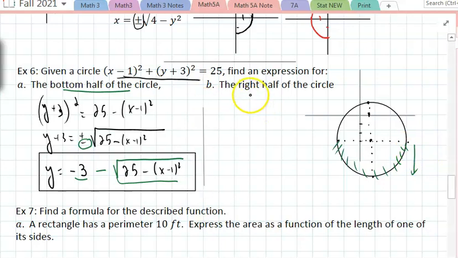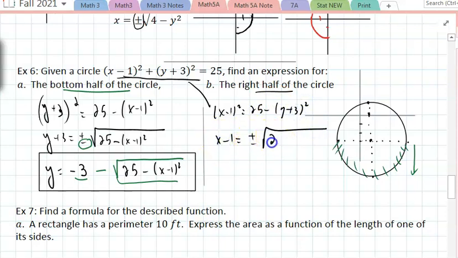Versus, if they say find the right half, the right half has to deal with x. You're going to solve this equation for x. So you could say x minus 1 squared equals 25 minus y plus 3 squared. X minus 1 equals plus or minus the square root of 25 minus y plus 3 squared.